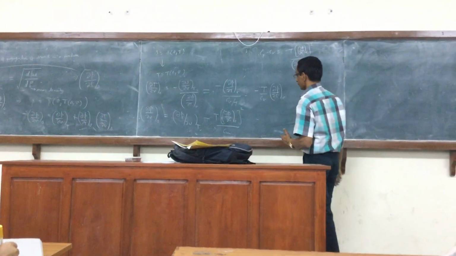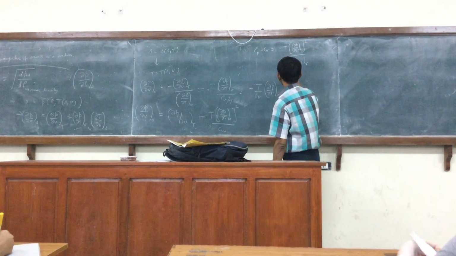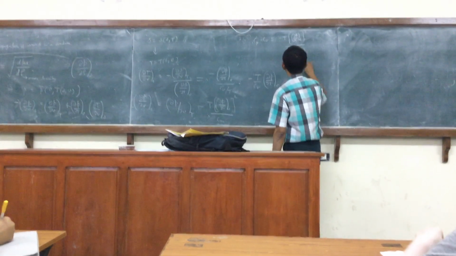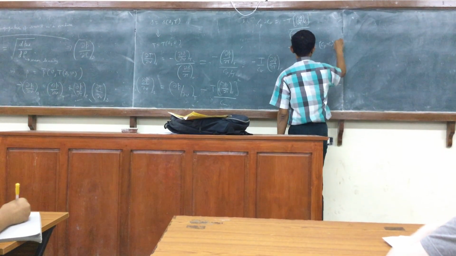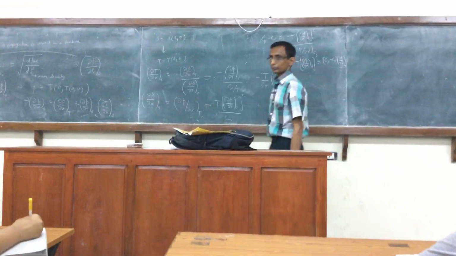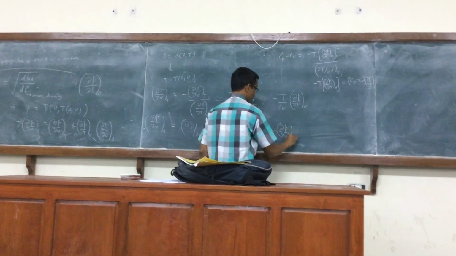So I can replace minus T (dP/dT) whole square by Cp minus Cv times dP by dV at T. That's what I put. So now dP by dT will turn out to be a common factor.